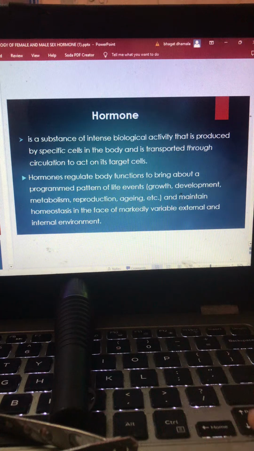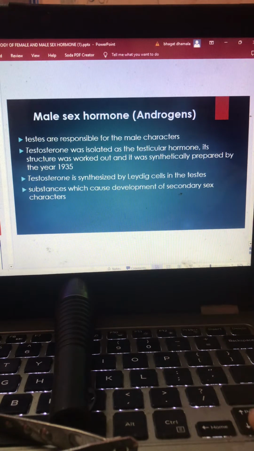Now moving on towards the male sex hormones, that are androgens. The testes are responsible for the male characters that develop in the male, and testosterone was isolated as a testicular hormone. Its structure was worked out and it was synthetically prepared by the year 1935.